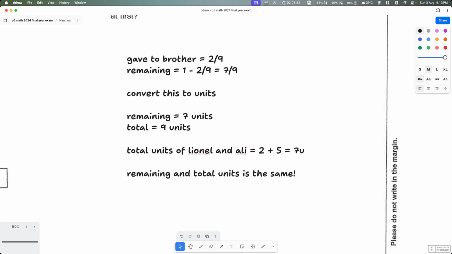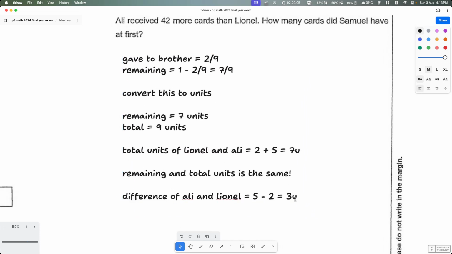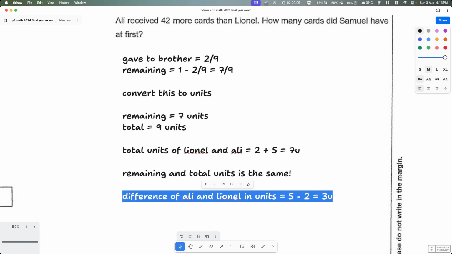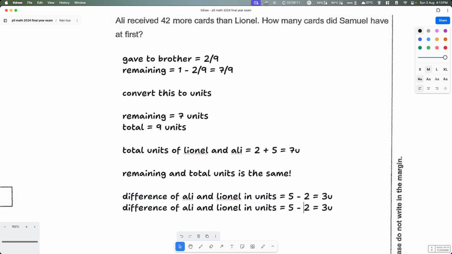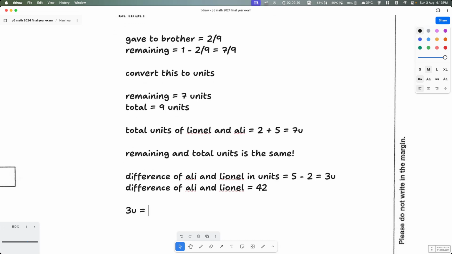So difference of Ali and Lionel is equal to 5 minus 2, which is equal to 3 units. We also know that the difference in units is 42. So that means 3 units is equal to 42.